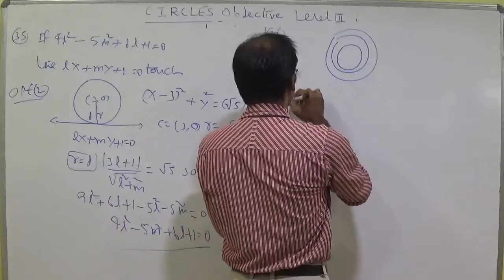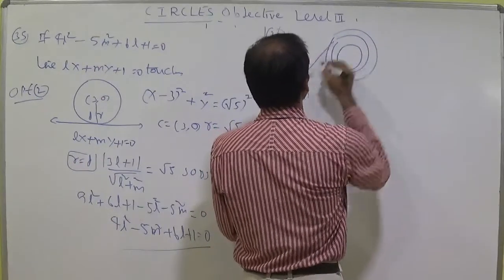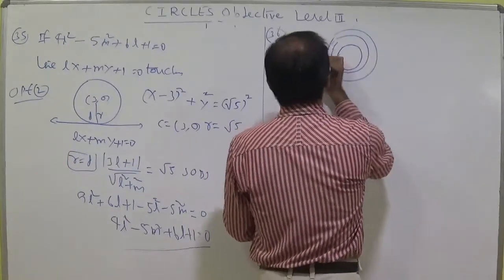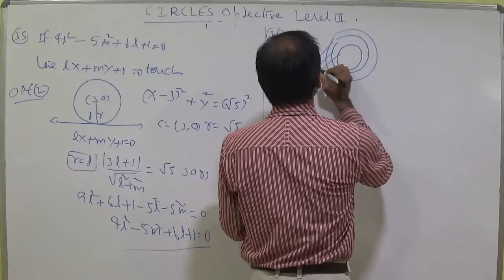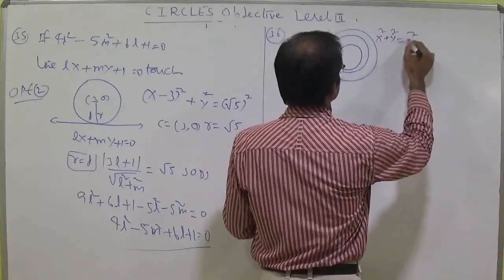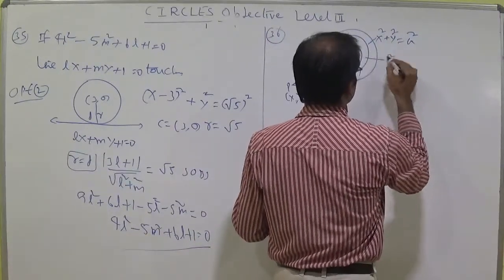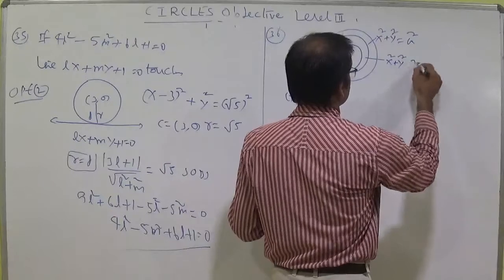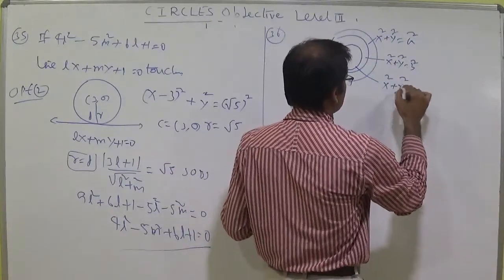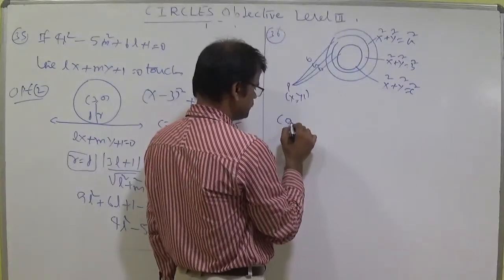From a point, squares of lengths of tangents. This is T1, this is T2, this is T3. So the first circle is x square plus y square equal to a square. The second circle is x square plus y square equal to b square. The third circle is x square plus y square equal to c square. Condition.